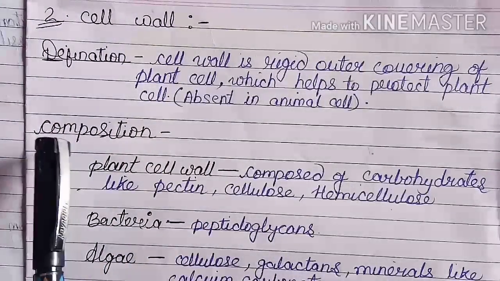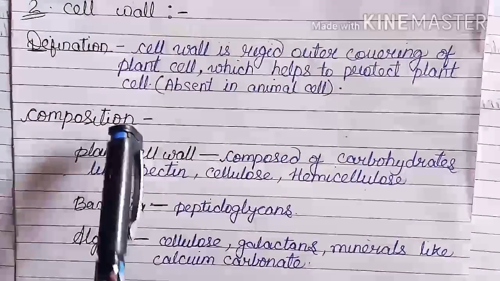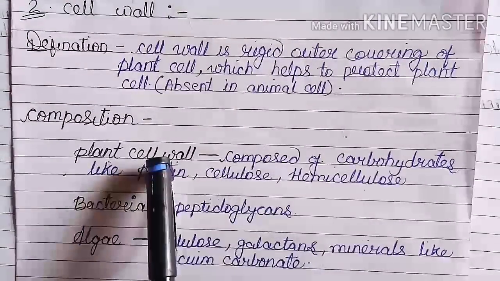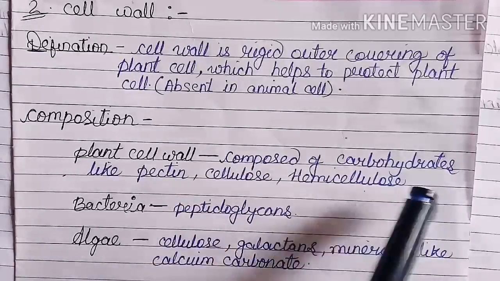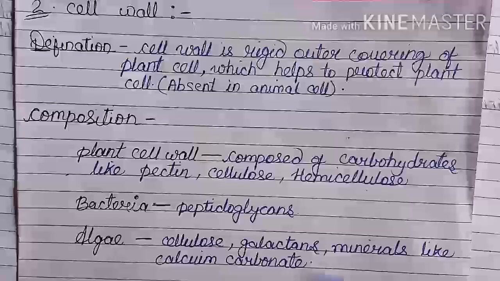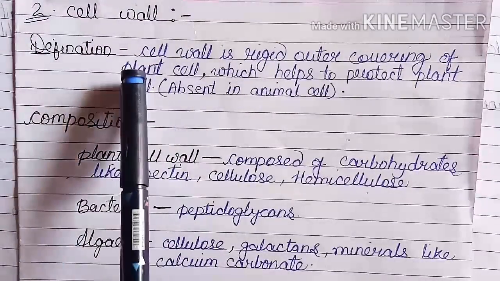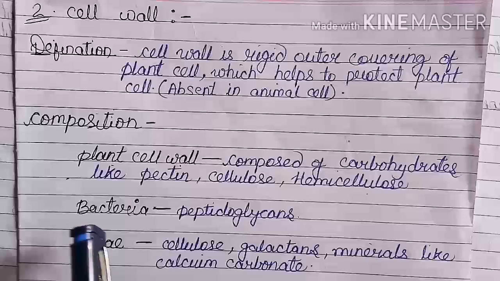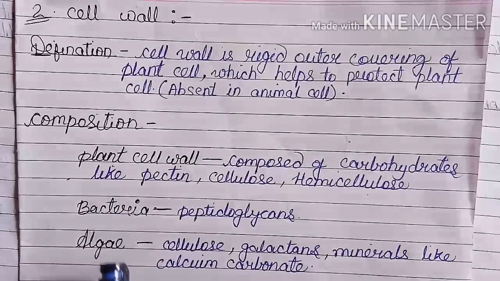Now, composition of cell wall. It is composed of carbohydrates like pectin, cellulose and hemicellulose. Cell wall is not only present in plant but also in bacteria and algae, so they have different compositions.